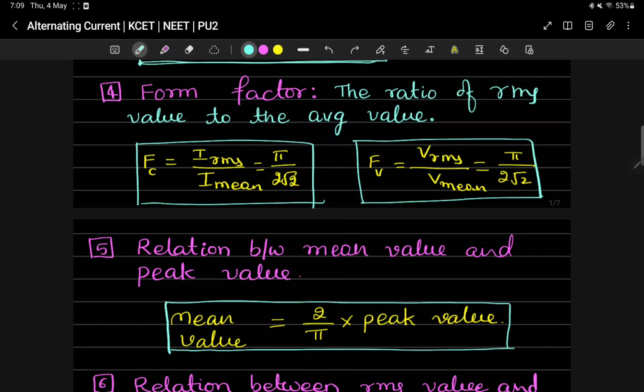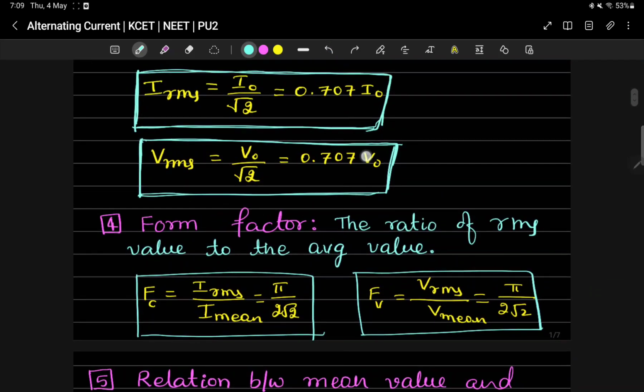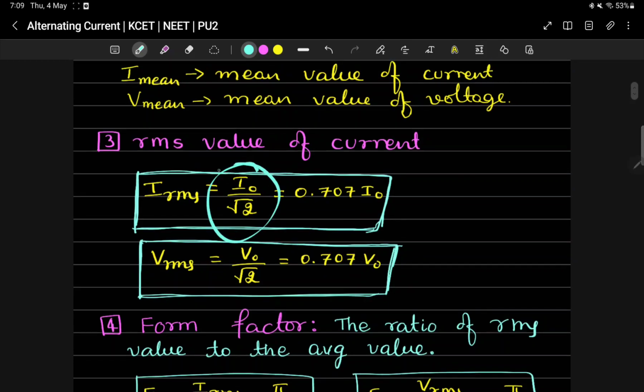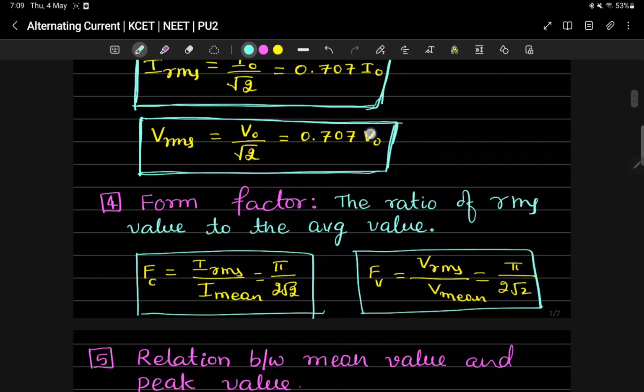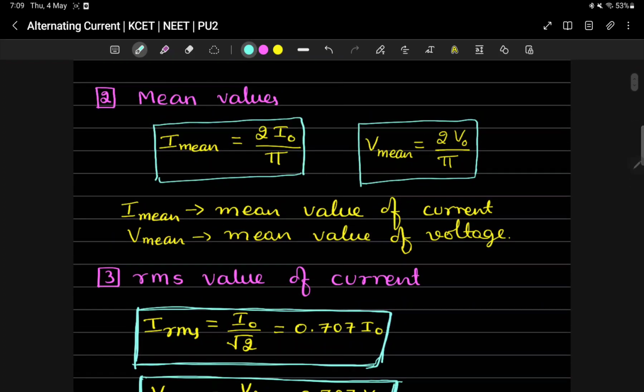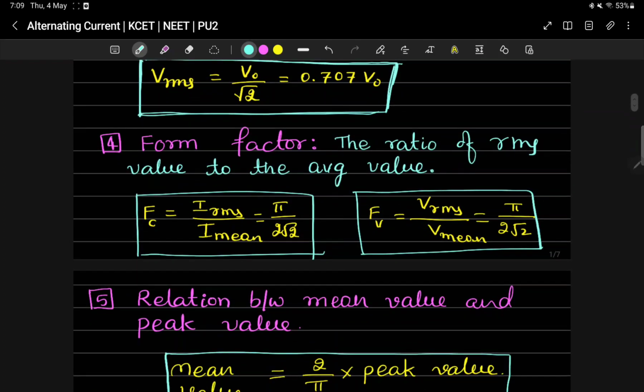How did you get that? Let us take I RMS, which is I₀ by root 2, and divide it by the I mean value. If you divide these two, you will get this form factor for current, and for voltage also you will get the same value.